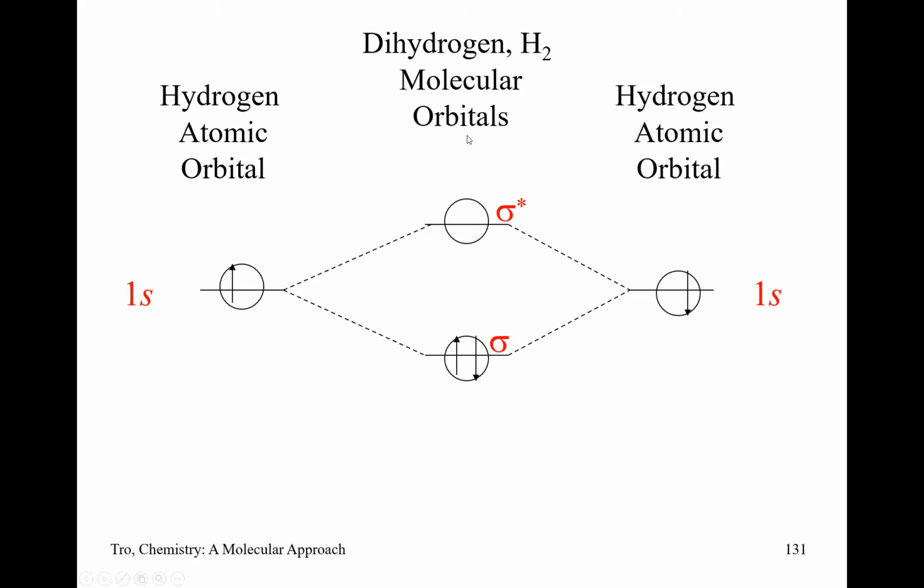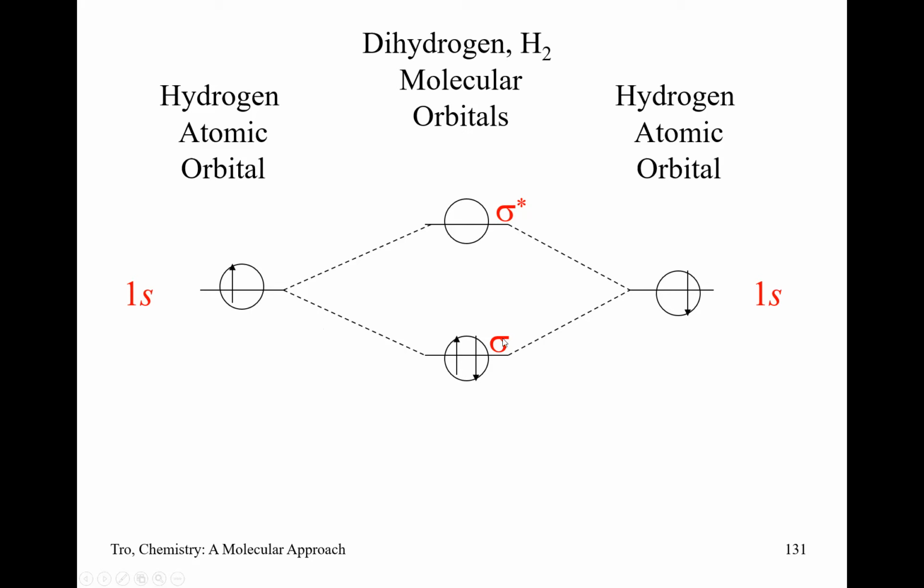So let's start with the easiest example, hydrogen. On the outside are just the hydrogen atoms, and on the inside is what happens when you mix the 2 atoms together. Hydrogen only has the s orbital. These are the orbitals where electrons are moving. Remember, wave-like function, constructive and destructive. Constructive is going to be lower in energy. Destructive, or the anti-bonding, is higher in energy. Your total number of electrons on the outside has to equal the total in the middle.